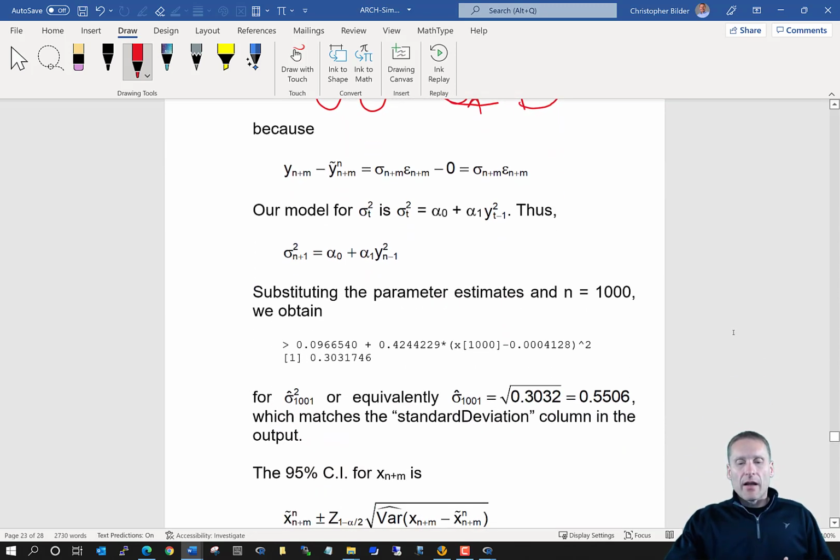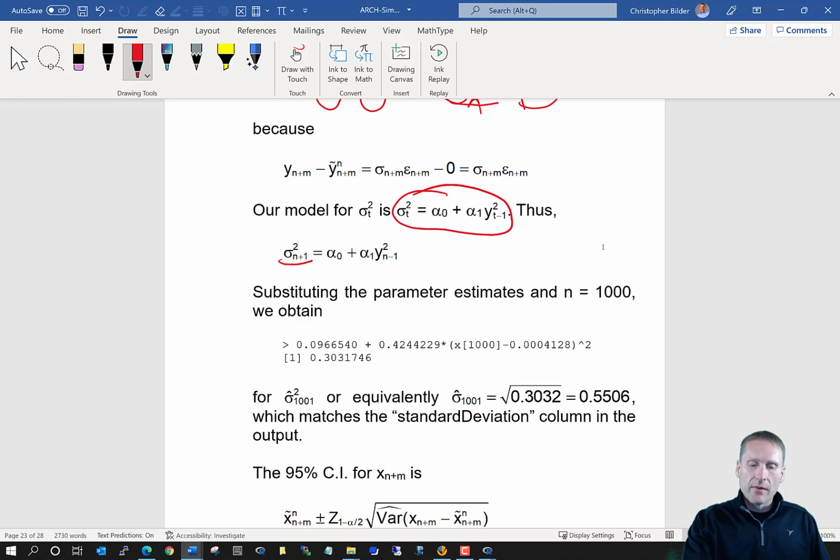We also know how these sigma squareds come about through our ARCH model. Sigma squared sub n plus 1, one time point ahead, is simply alpha 0 plus alpha 1 times y sub n squared.